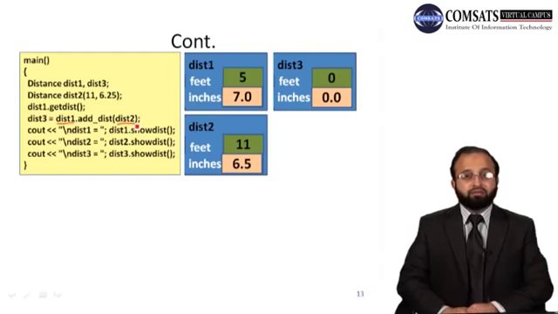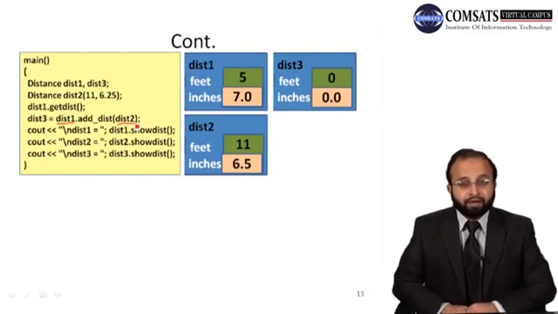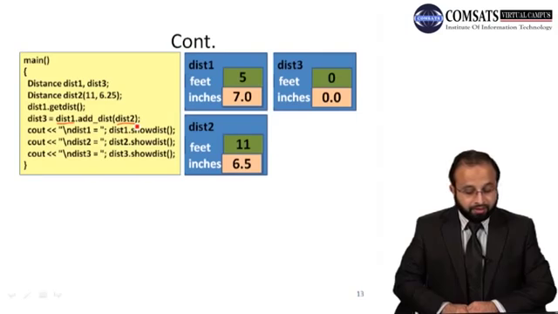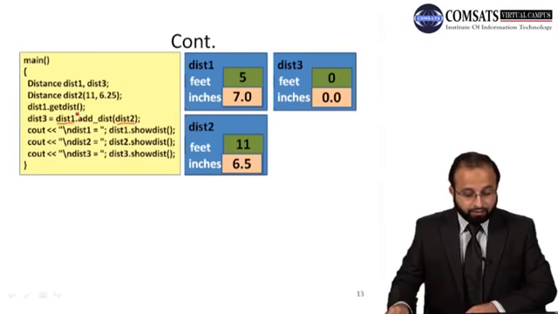So reference means you are going to create a different name for the same memory location that is allocated for dest2, right? So add dest will add dest1 and dest2 and then return a distance that will be copied or assigned to dest3, right?